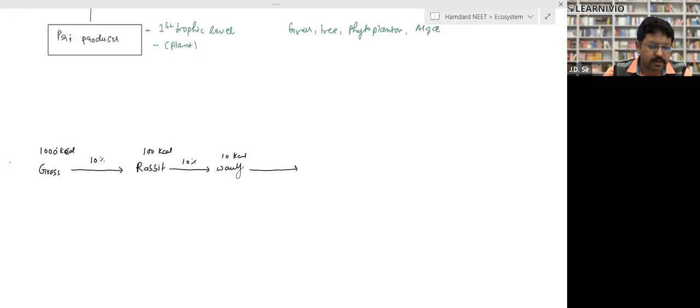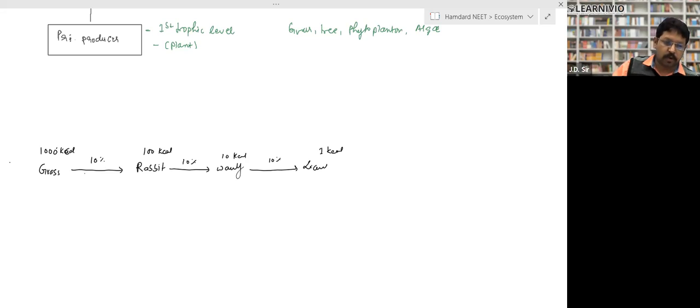Suppose this wolf is eaten by a lion. Again only 10% is transferred, so the lion will get only 1 kilocalorie. So of all the energy produced by the plant, only 1 kilocalorie is transferred to the lion. So the 10% law says that in a food chain, only 10% of energy is transferred from one trophic level to another.